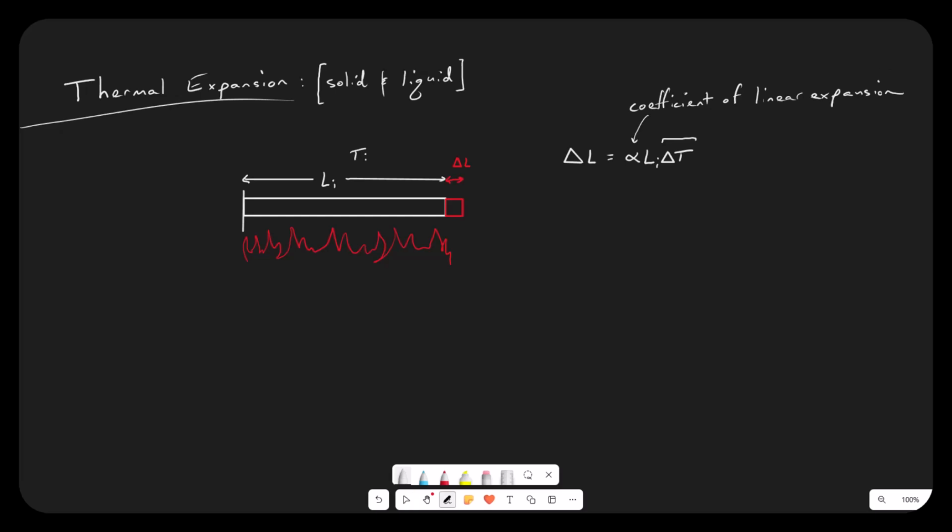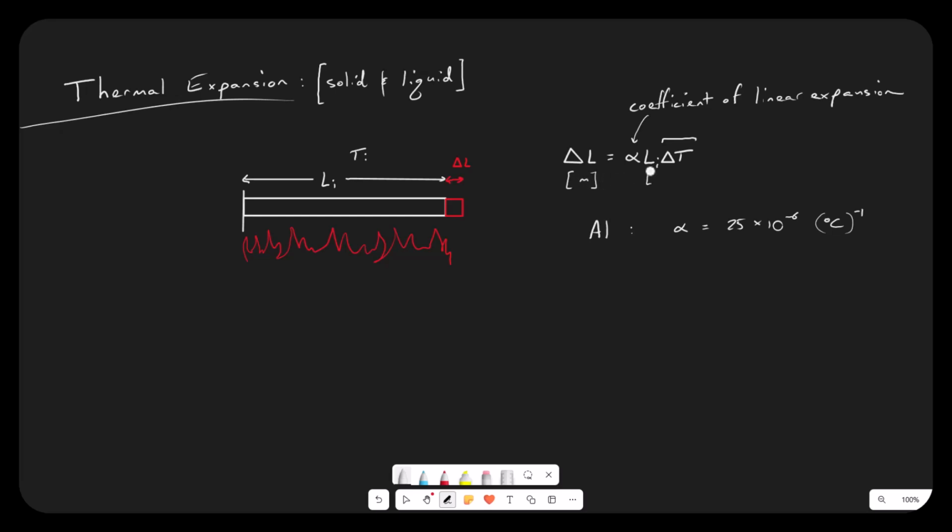That coefficient of linear expansion is going to be different for different materials. So if we have like aluminum, it has a coefficient of expansion of 25 times 10 to the negative 6th, and the units on this thing are kind of weird. They are degrees Celsius to the -1. The reason they're that, we need a final answer that's in meters.